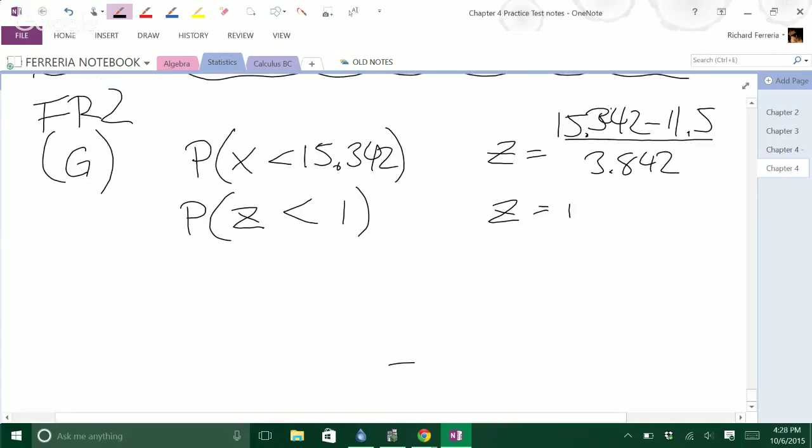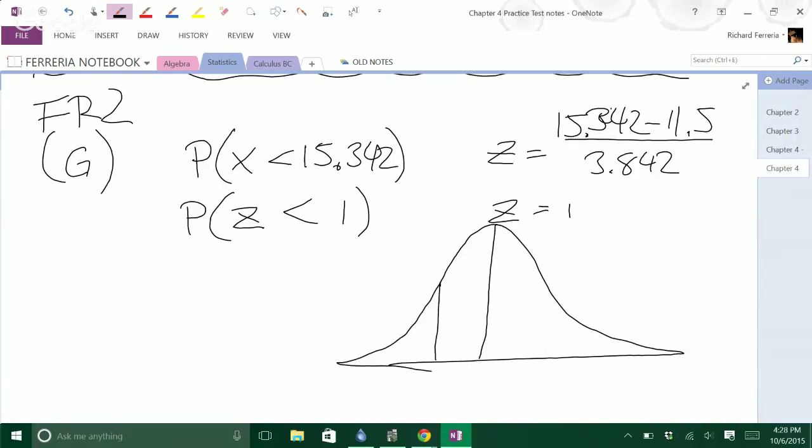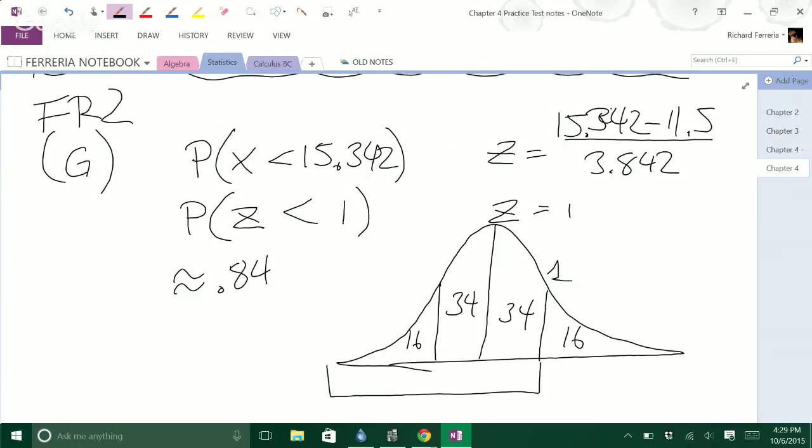In a standard normal curve, and this is such a good thing to memorize, 34, 16, and 16. Less than 1 would be all of this over here. That's 68 plus 16, or 84, right? Right around 0.84.